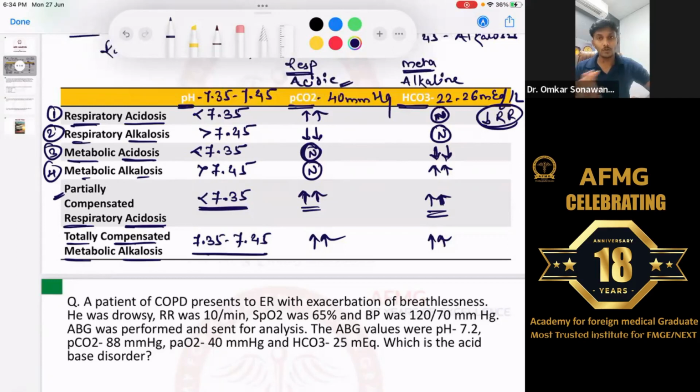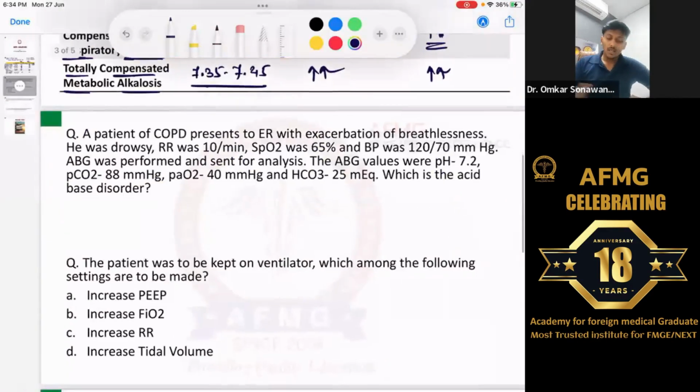I hope all of you are clear about the causes now. Here they say a patient of COPD, chronic obstructive pulmonary disease, presents to the emergency room with exacerbation of breathlessness. He was drowsy. Why was he drowsy? The patient might have CNS manifestations like drowsiness because of accumulation of CO2.